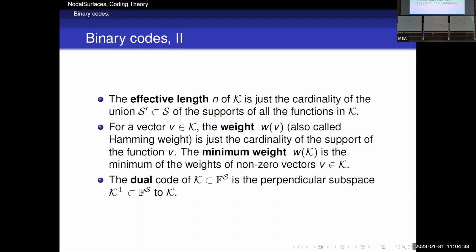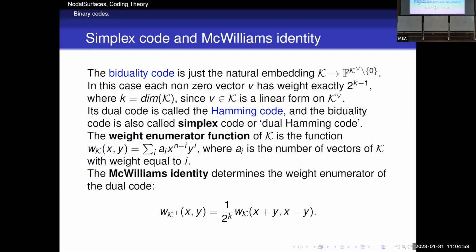This is important because coding theory was developed by Hamming, and Hamming developed the Hamming code, which is rather complicated. But people who are historically attentive call it the dual Hamming code, and the dual Hamming code is very simple, and I will explain it now. It's just called the simplest code, and when I give a lecture on linear algebra, I call it the biduality code.